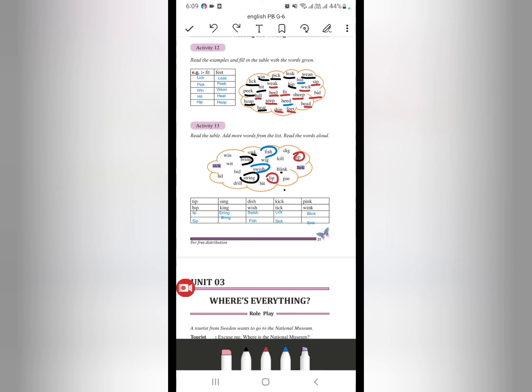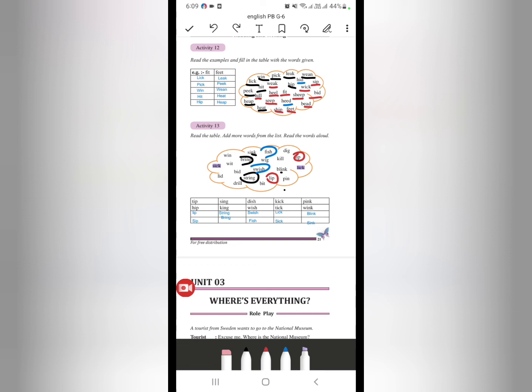Pink, wink, blink, sink. Pink means pink color. Wink, blink. Blink means like this, we will blink our eyes. When we see a boy or a girl, we will blink our eyes. Everyone uses it in the movies.